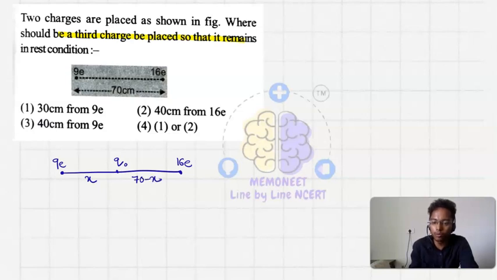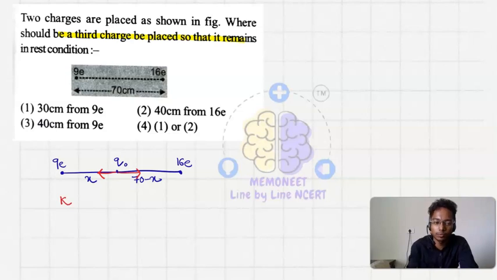Okay, so now we equate the forces. For the 16 electron charge, the force will be in this direction, and for the 9 electron charge, let's say force will be in this direction. So this will equate so that it will remain in equilibrium position.